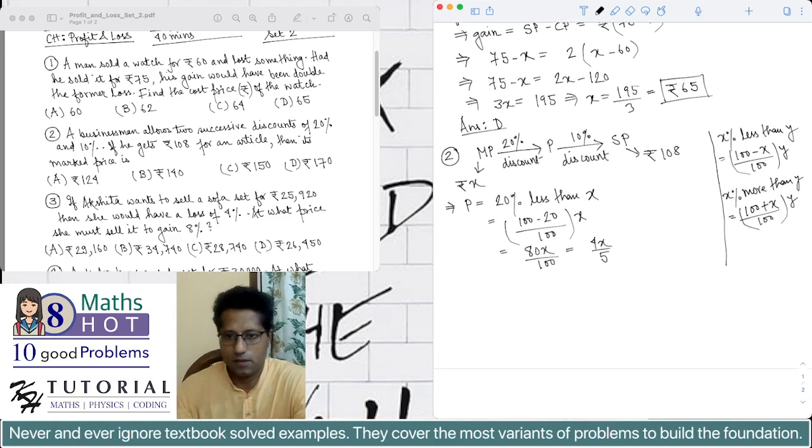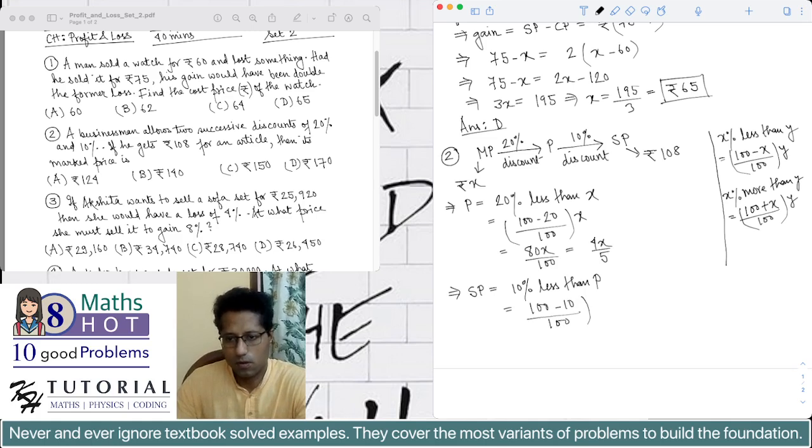Now again on P there will be a 10% discount, and finally we will have the selling price. So we can say the selling price is 10% less than P, which is equal to 100 minus 10 divided by 100 whole multiplied by P, which is equal to 90 by 100 multiplied by P. P we have found earlier to be 4x by 5.